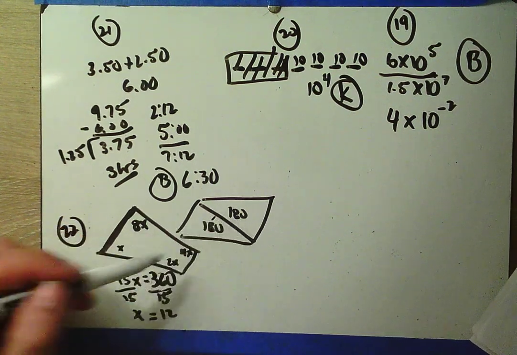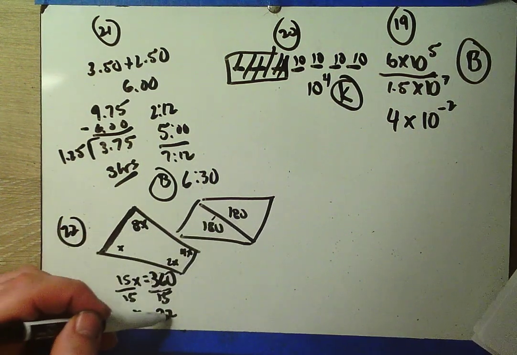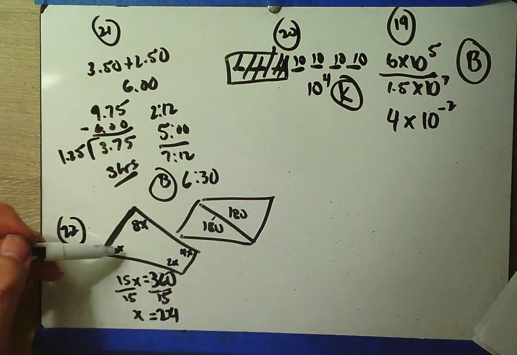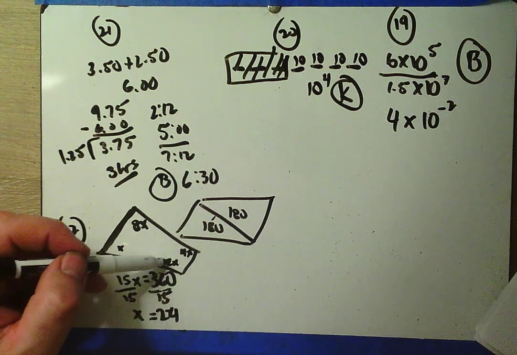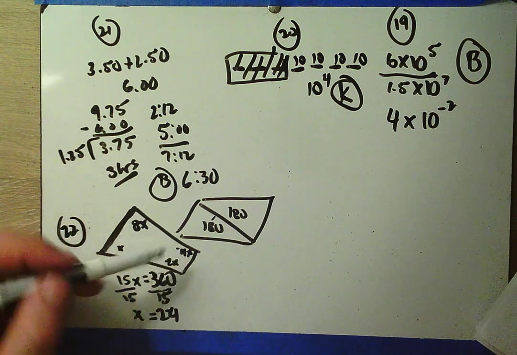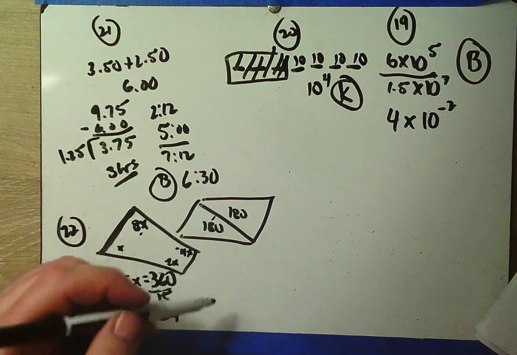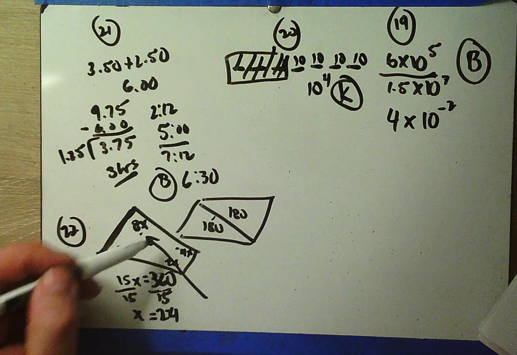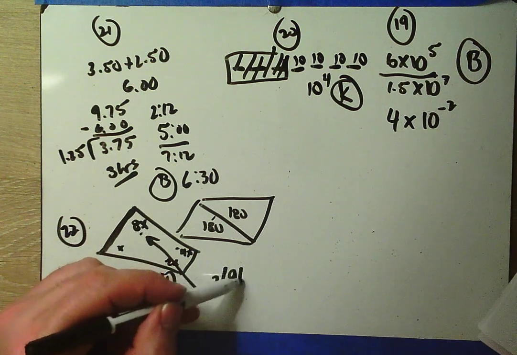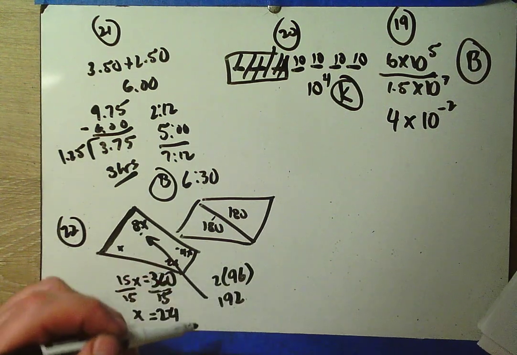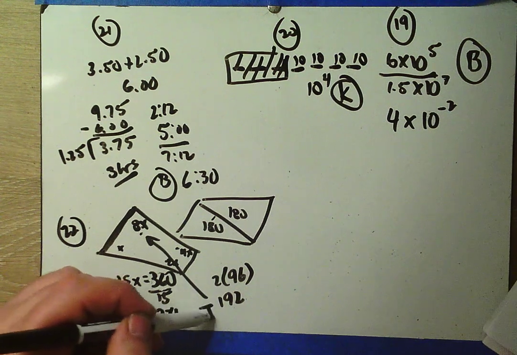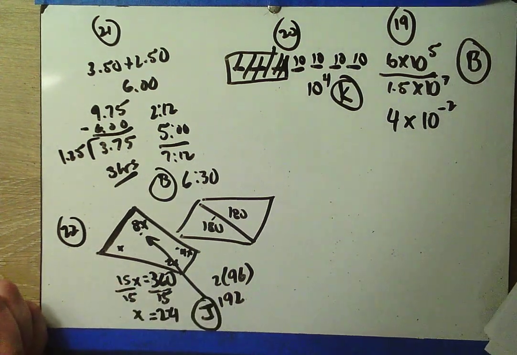Remember the 2 triangles that add up to 360. So this is 24, not 12. 24, 48, we double for 96, and then we double again, and so that largest angle is going to be 2 times 96, or 192. And that's why J is my answer for number 22.